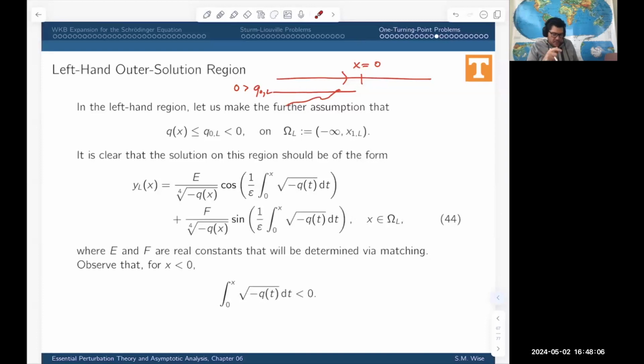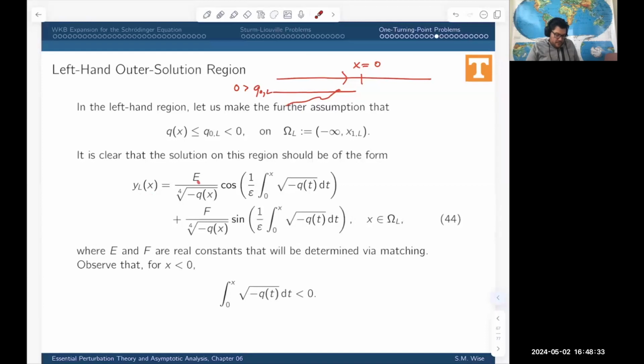So we use WKB on the right and left, and the inner solution is the Airy functions. In any case, for YL, we're going to have a linear combination of a cosine and sine solution. Remember, Q is negative, so minus Q is going to be positive.